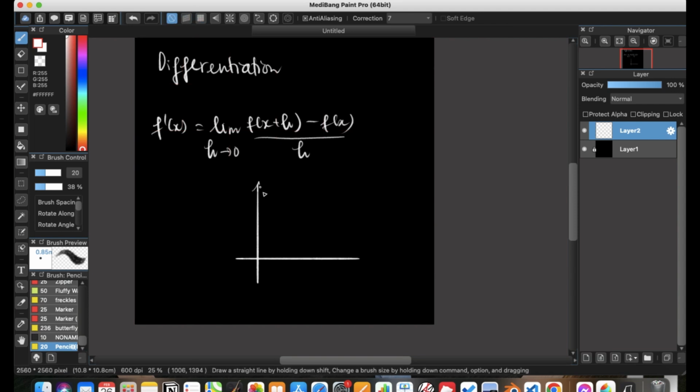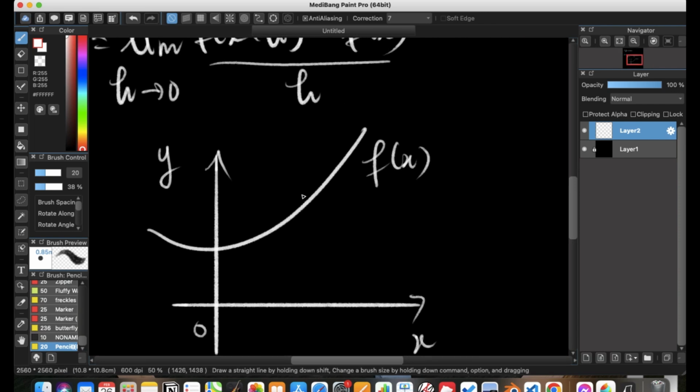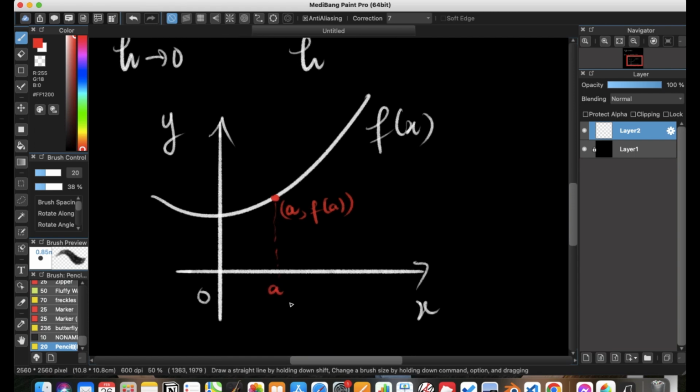So here we have the graph of f(x). So I'm going to draw the function f(x), right? And here at this point, I'm going to call it f(a). And here I'm going to draw a tangent line.